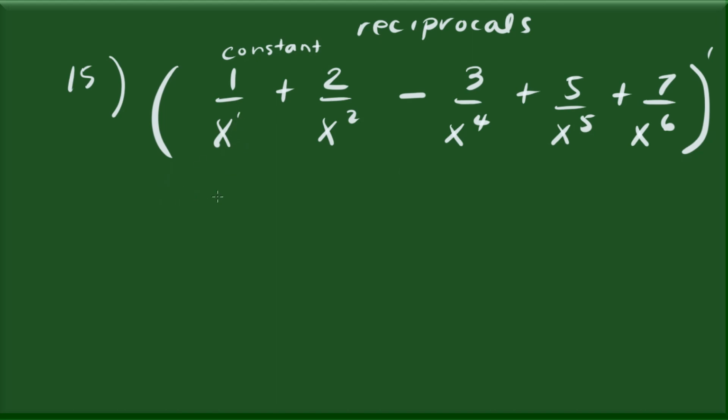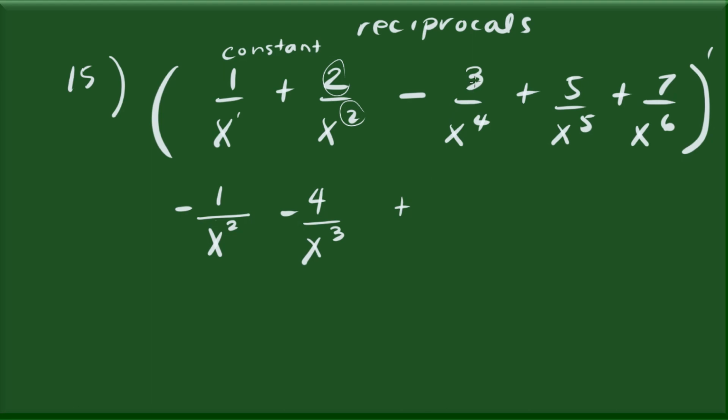Okay, so 1 times 1 is 1 over x. Okay, add 1 to the exponent of the denominator, now 2, and don't forget to switch the sign. And then for 2 over x squared, so go ahead and multiply. 2 times 2 is 4 over x to 3. Okay, switch the sign.